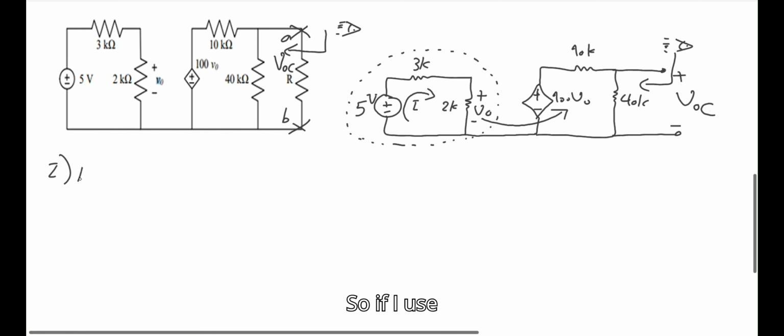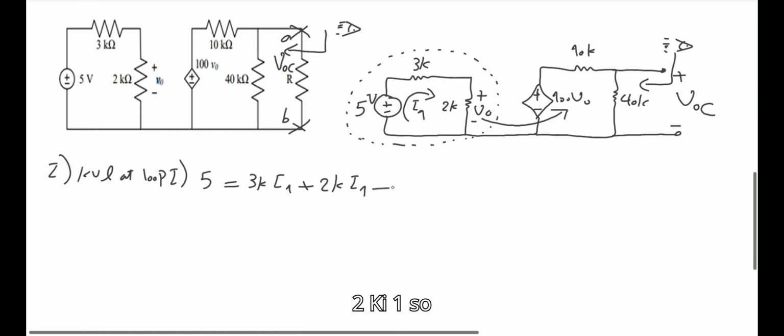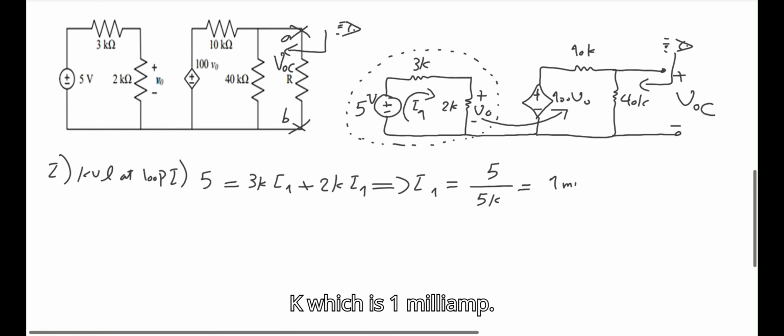So if I use KVL at loop 1, I've got 5 volts equals, let's call it I1, 3K I1 plus 2K I1. So there's only one unknown, and that is I1, and that becomes 5 divided by 5k, which is 1 milliamp.